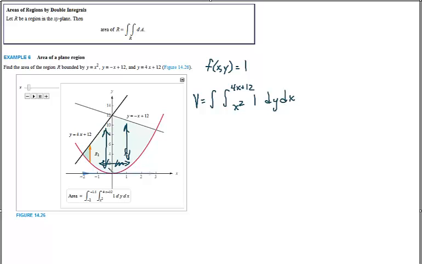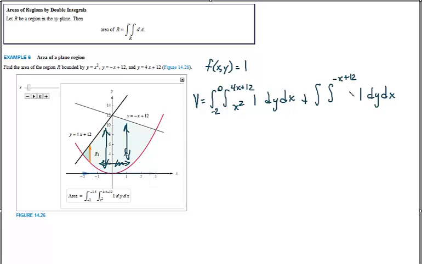Let's get my limits of integration for x. That goes from 0 to negative 2. Add with that double integral, and then a 1 dy dx. Let's get my limits of integration. The top function here is negative x plus 12.